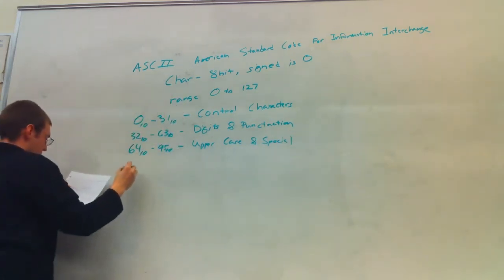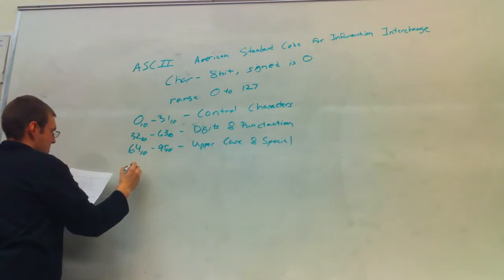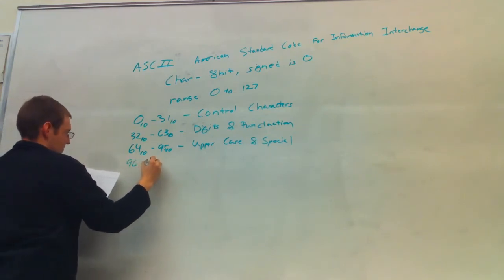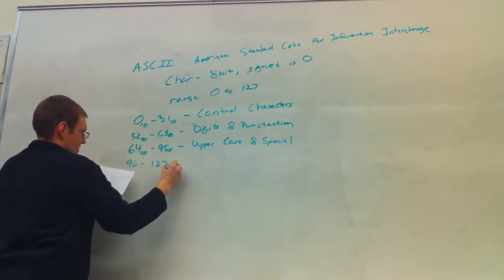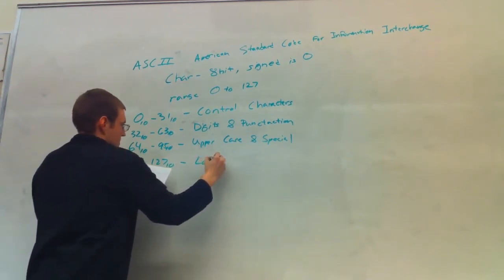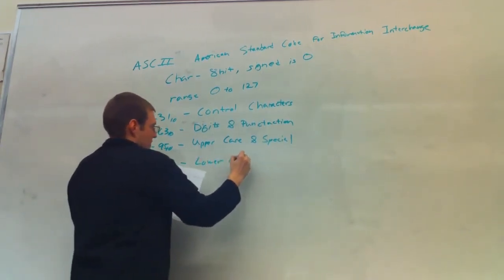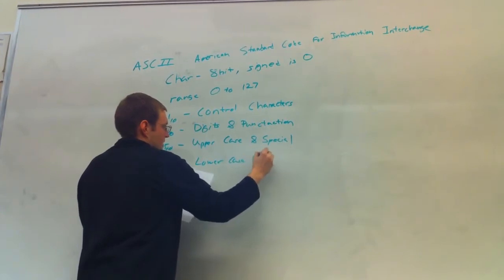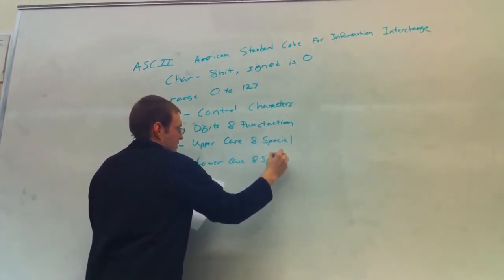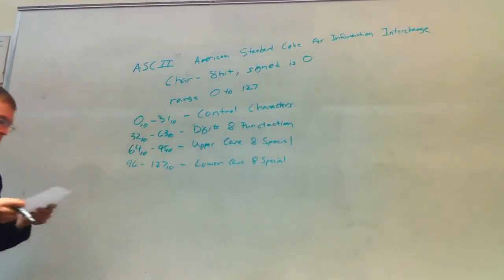And then the last group, 96 through 127, is lowercase and special characters. Okay.